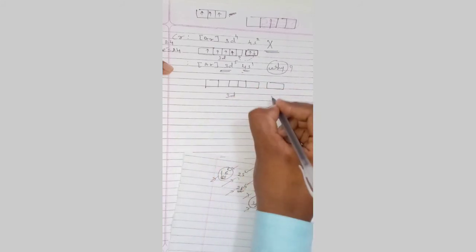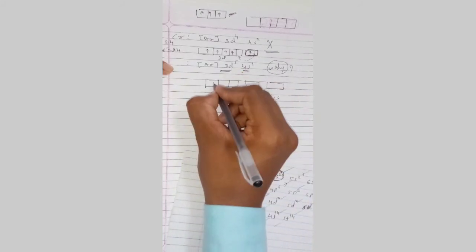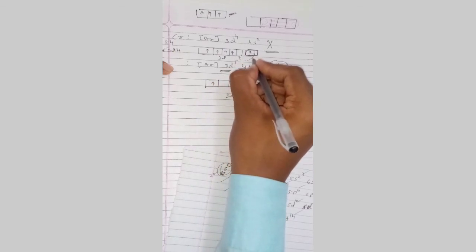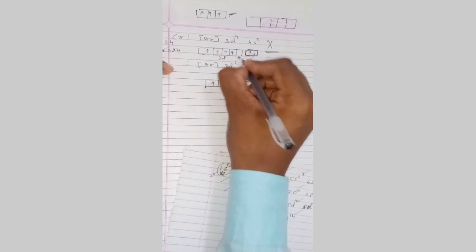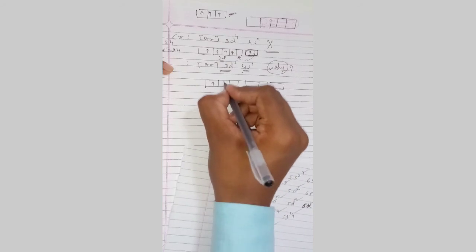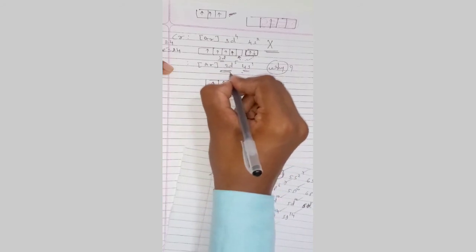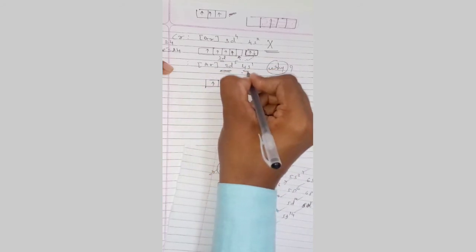In this case this electron is shifted to the 3d orbital and its electronic configuration becomes 3d5 4s1.